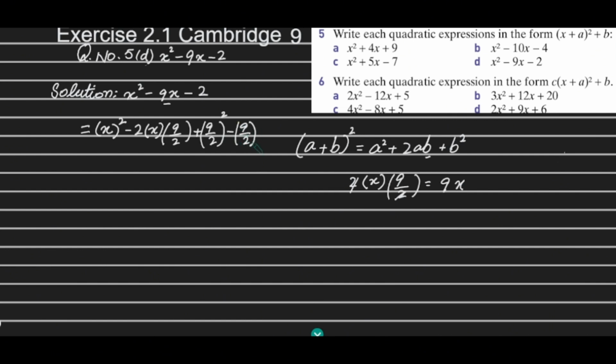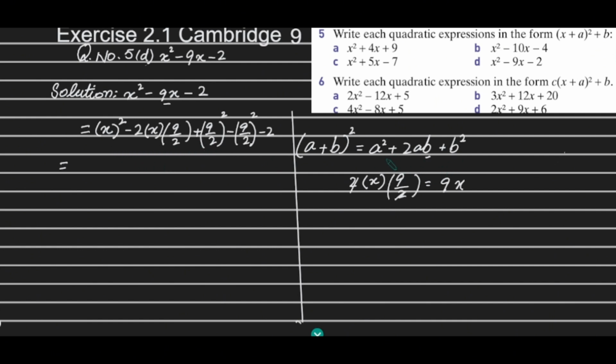In mathematics, if something is added, it must also be subtracted. Minus (9 by 2) squared, and the last one is minus 2. We can see x squared minus 2x times 9 by 2 is like 2ab, and plus (9 by 2) squared is like b squared.